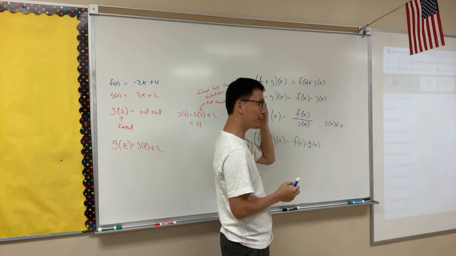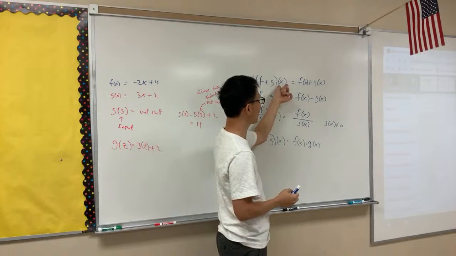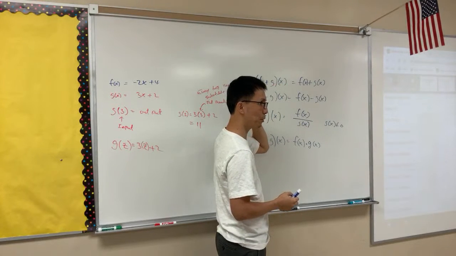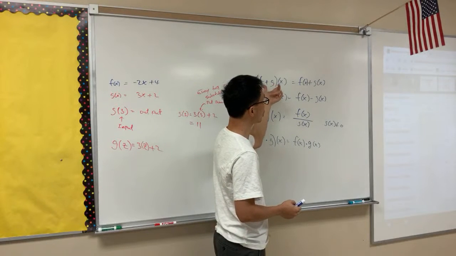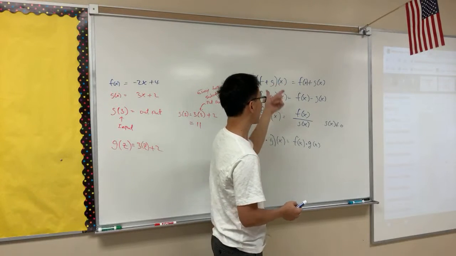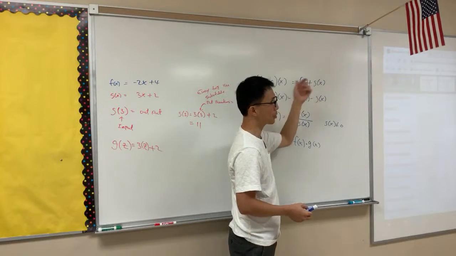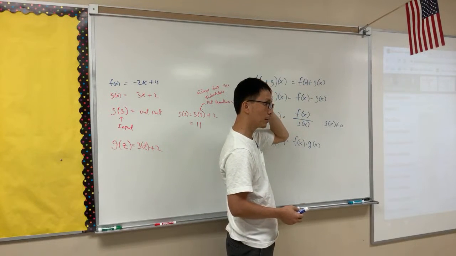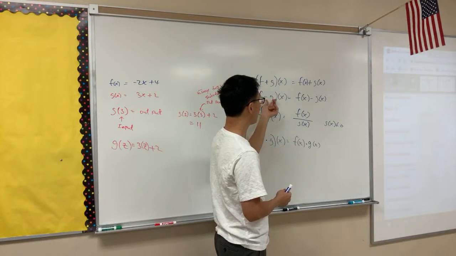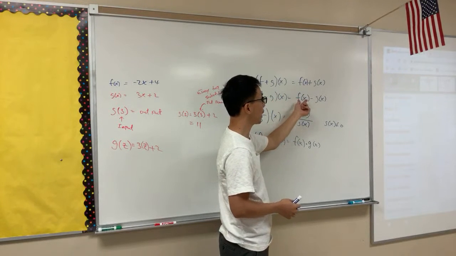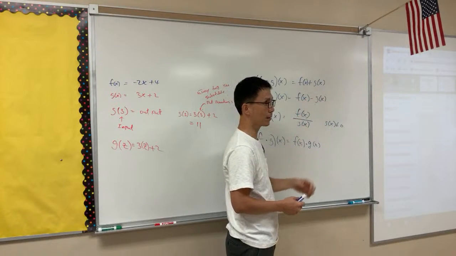For some weird reason, people keep thinking about distribution. It's not distribution. This just means f plus g of x, which also means f of x plus g of x. This is a very easy mathematical rule. And (f minus g) of x is equal to f of x minus g of x.